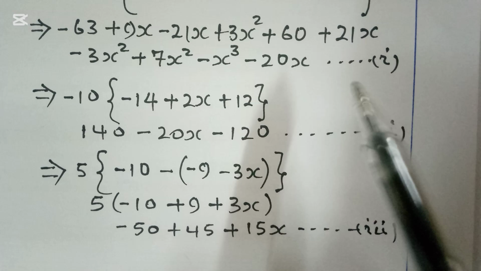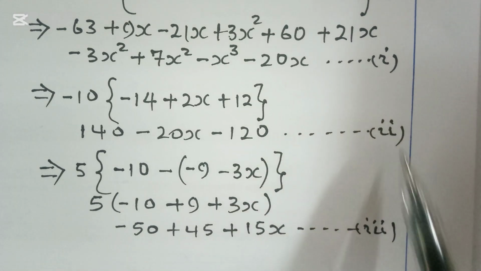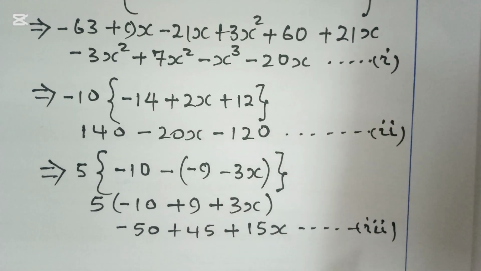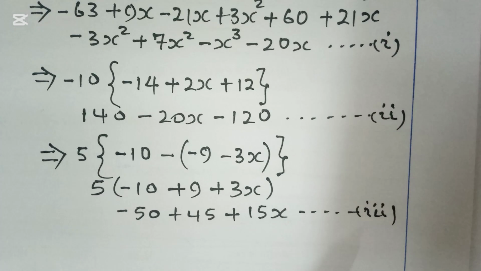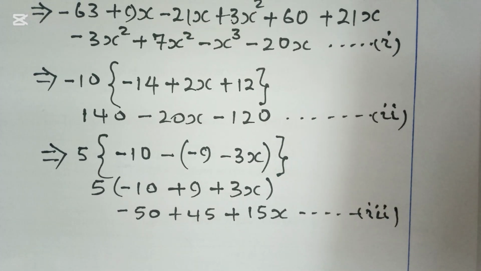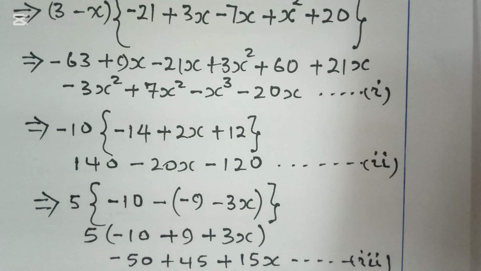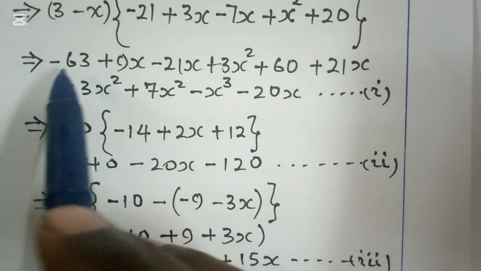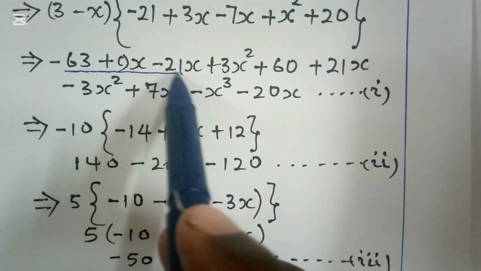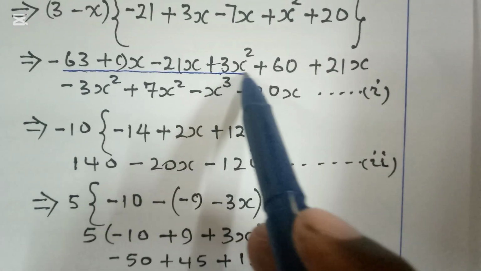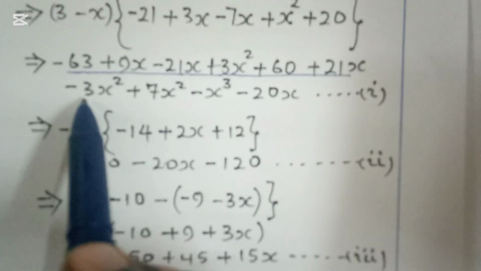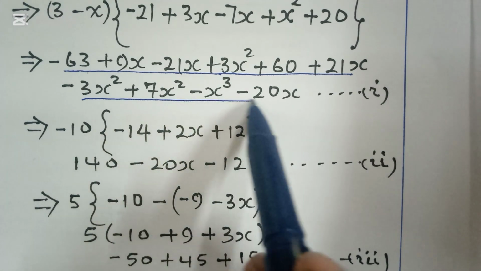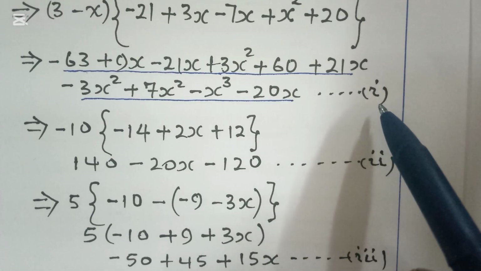So therefore guys, we are going to add Roman 1, Roman 2 and Roman 3. And guys, I can do this offline for you so that we can save time. So let's do it. After adding this, from here up to here, this is our first equation, Roman 1.